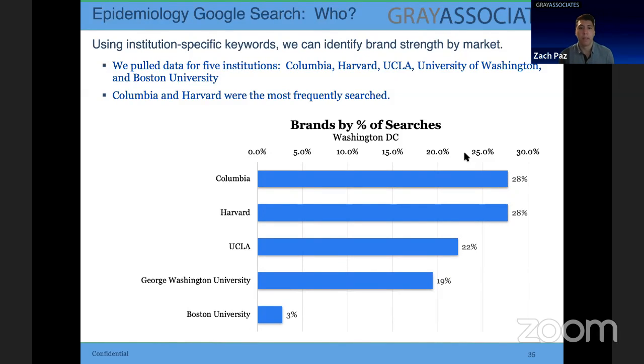For example, Columbia University Epidemiology would be the example of the keyword we're tracking here. And we did that for 5 brands: Columbia, Harvard, UCLA, George Washington University, and Boston University. Interestingly enough, George Washington University is the only local offer in the DC market, but it's not the highest searched in terms of program brand specific to epidemiology.